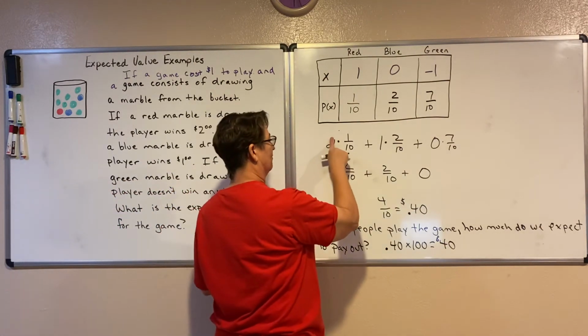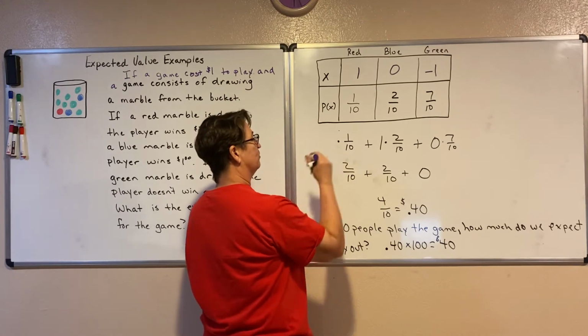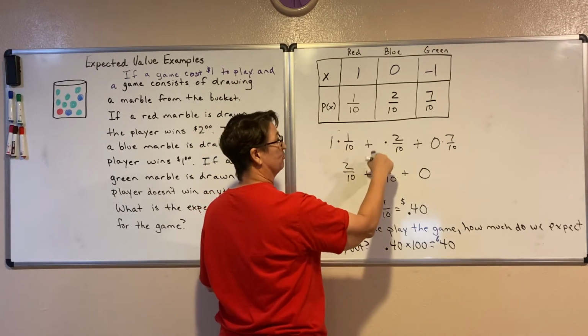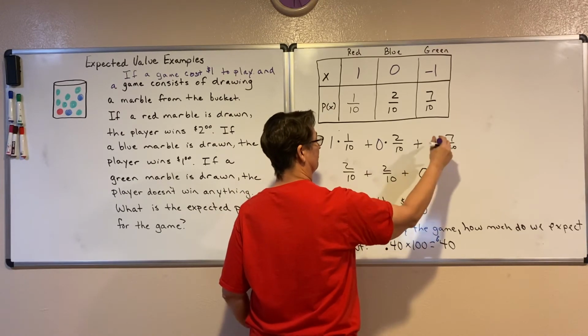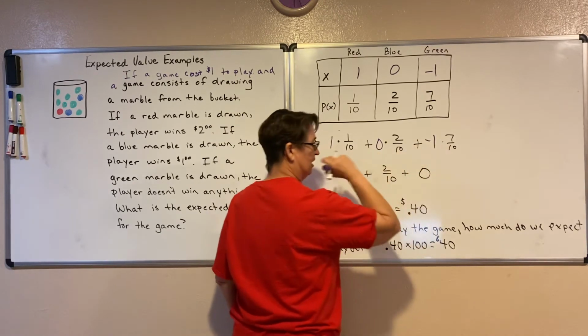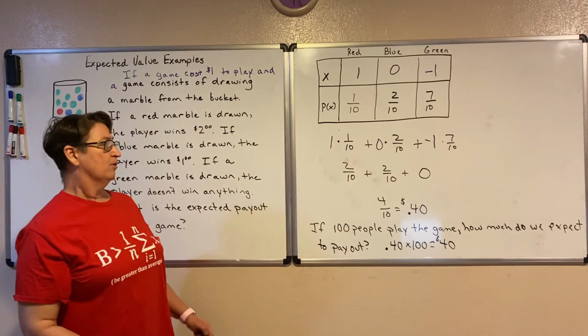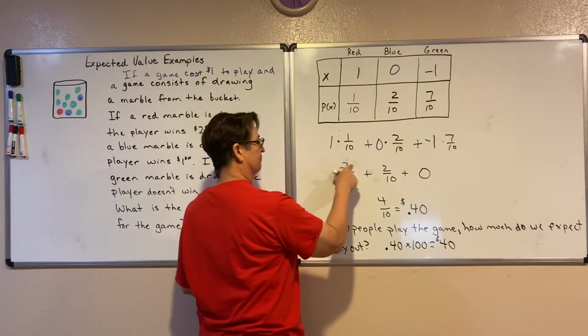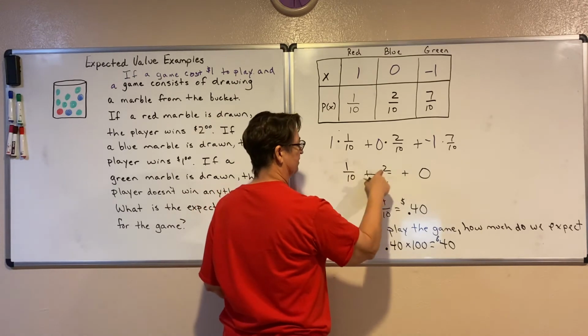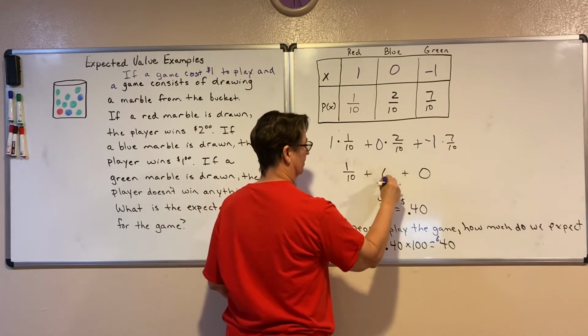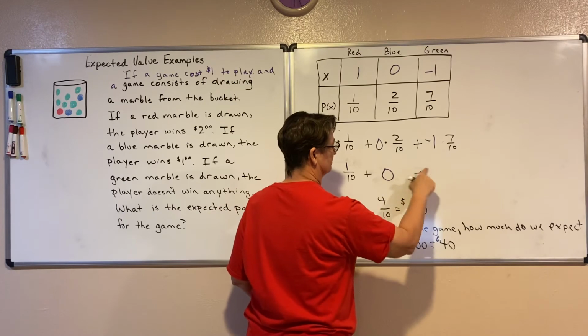I would just take my outcomes and multiply them times the probability. Notice the probability here did not change because there's still the same number of marbles in the bucket. So the probability remains the same. Now I do my multiplication and I get 1/10. This is 0. And I'm subtracting 7/10.